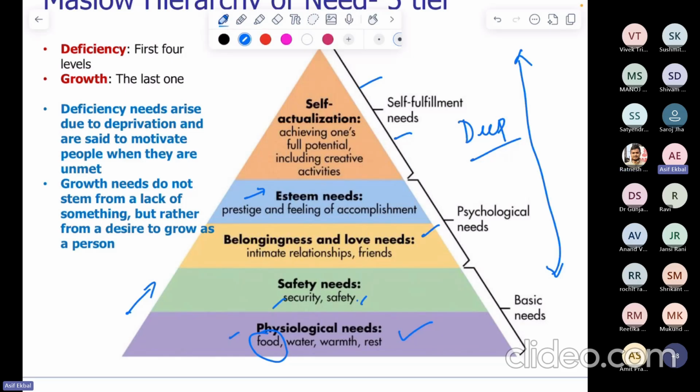Yeah, so what I was explaining is that these are the different layers of the human brain, how it works. From the lower layer, we have the basic needs like physiological needs. Once these are met, then we think about security, safety. Then once security and safety are done, we think about friendship, relationship, etc. That is the third layer.